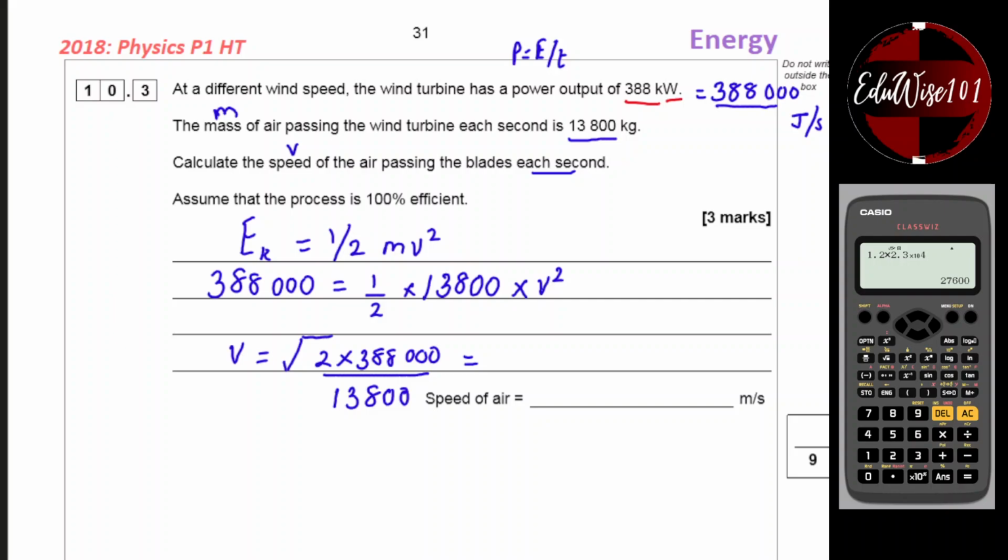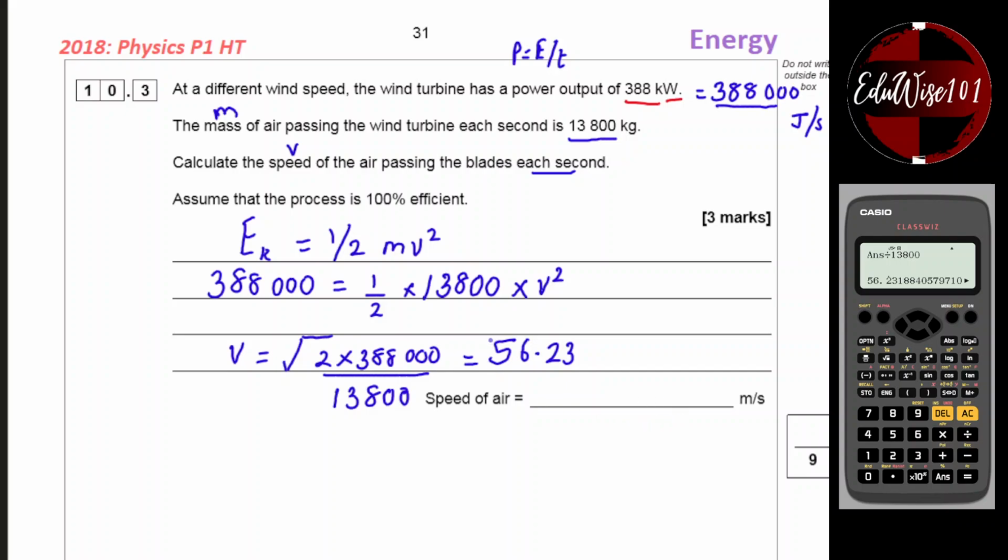So let's use the calculator. 2 multiplied by 388,000 is 776,000. Divide that by 13,800. That gives me 56.23.